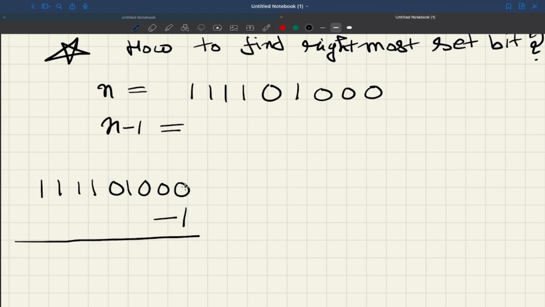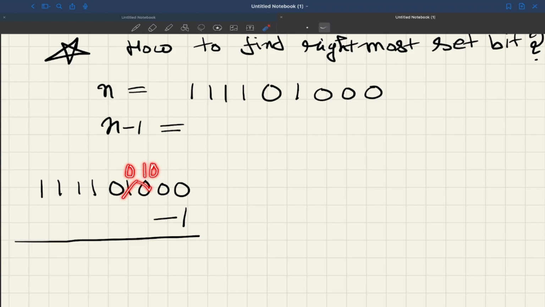Now I can't subtract 1 from this 0, so I have to take a carry from the next 0, but it also does not have any 1, so it will take a carry from the next 0, and then from this 1. So eventually this 1 gets reduced to 0 and we get a carry of 1 0 here. So this 0 will become 1 0.